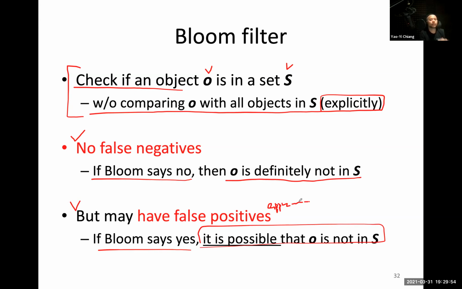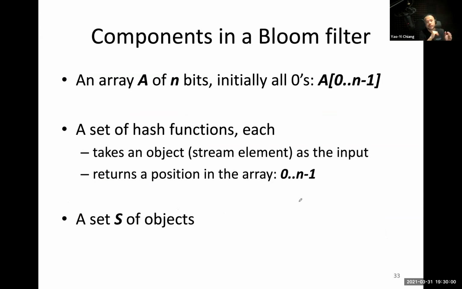So let's look at how Bloom filter works, and then let's look at the false positive rate. The components in a Bloom filter: the first one is you need to have an array A of m bits. And initially, you're going to set this array with all zeros, right? So m bits from A0 to A m minus 1.